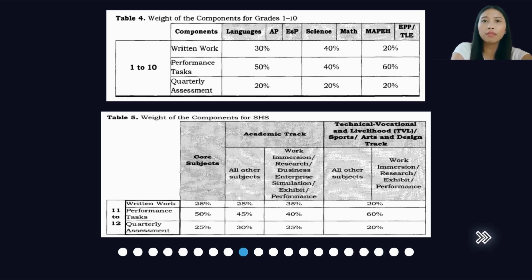There's also the Alternative Learning System or ALS. DepEd also uses an alternative grading system for students enrolled in the ALS program, where learners may not follow the traditional grading system, but are instead assessed on the competencies through a variety of methods.